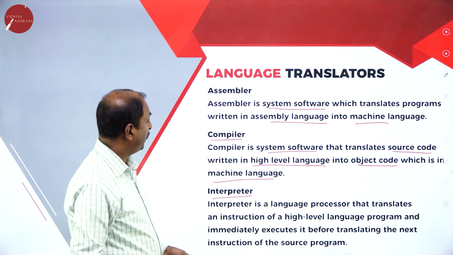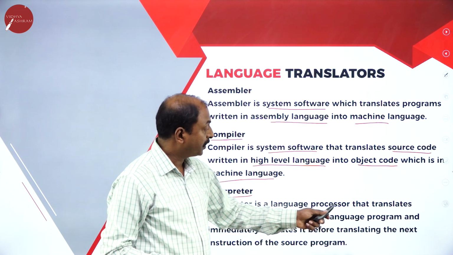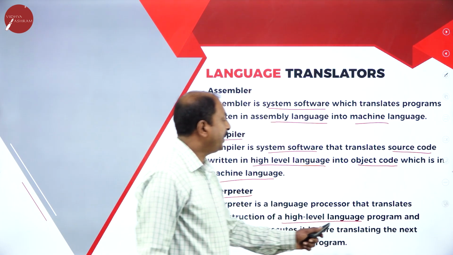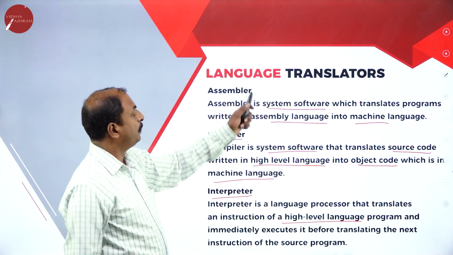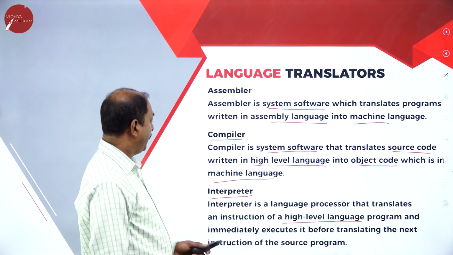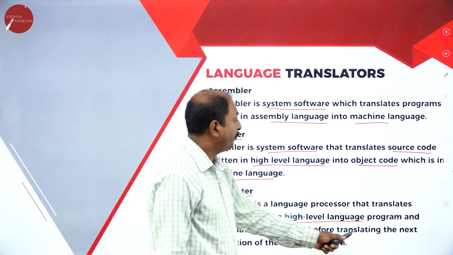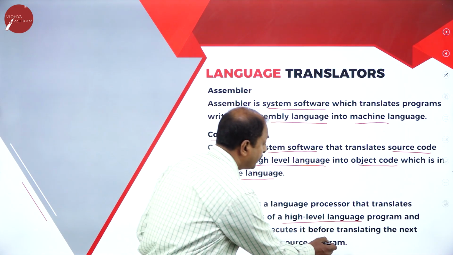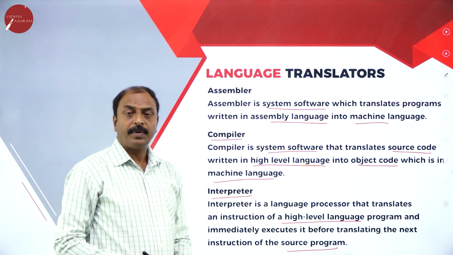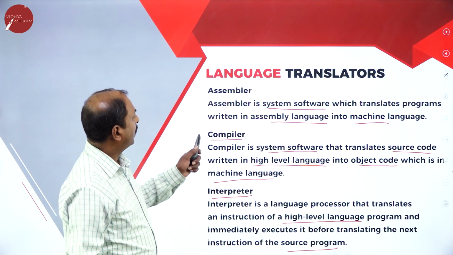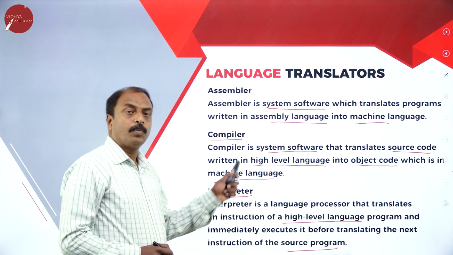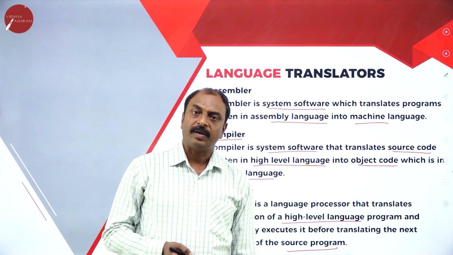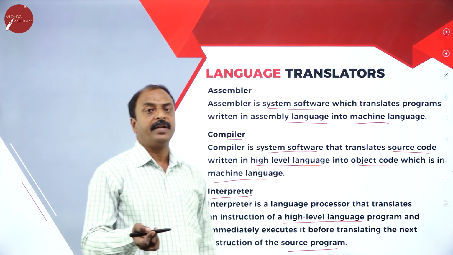What is an interpreter? An interpreter is a language processor that translates the instructions of a high-level language program into machine-level language and immediately executes it before translating the next instruction of the source program. And please understand here, students, compiler and interpreter, both of them are used to translate programs from high level language into machine level language.